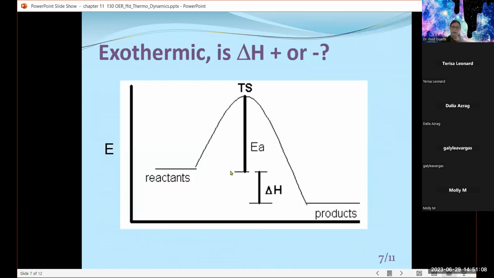Either one would work. Now, also identified by just looking at it, you can remember that when the product energy level ends up lower than where the reactants began, okay, it will have a negative delta H. And if it has a negative delta H, it is exothermic, okay?